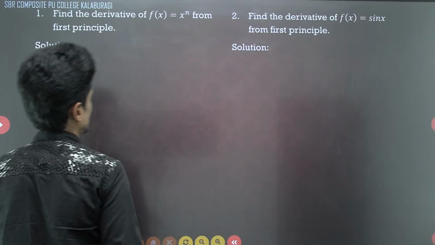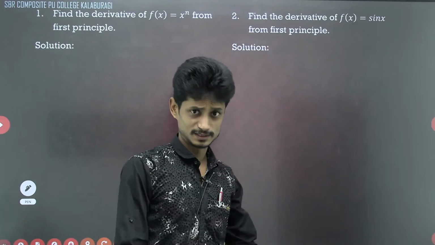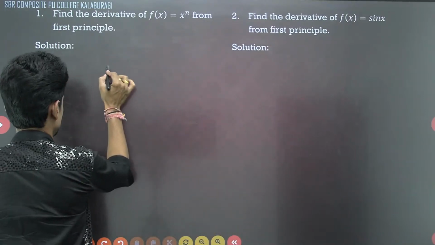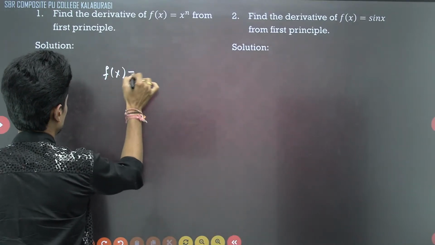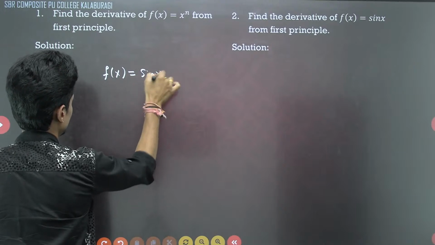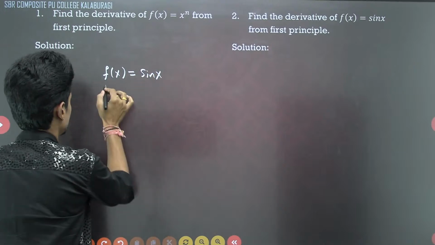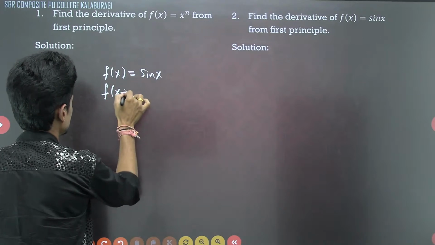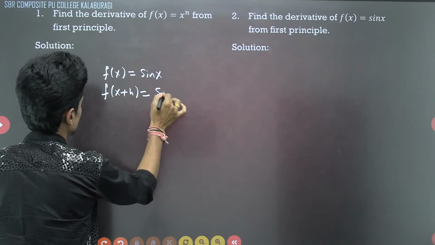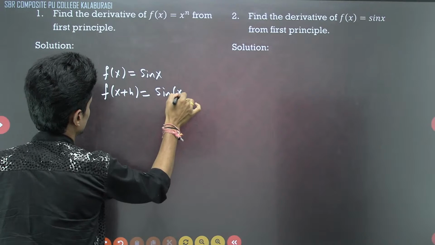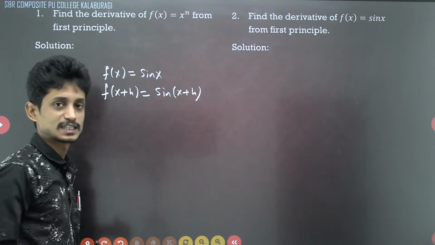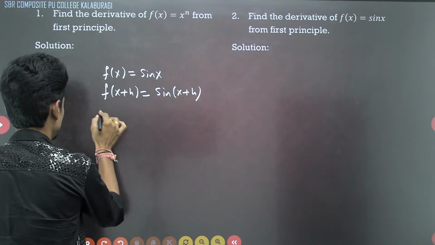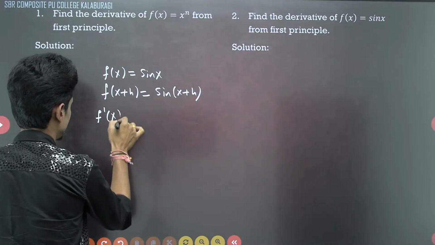Next I'll go for sin x. F of x is equal to sin x. Clear? F of x plus h is equal to sin of x plus h. I have just replaced the input. We are going to find f dash of x.